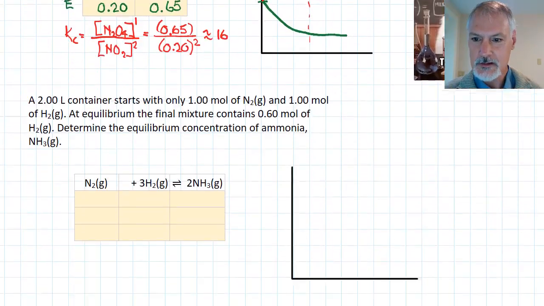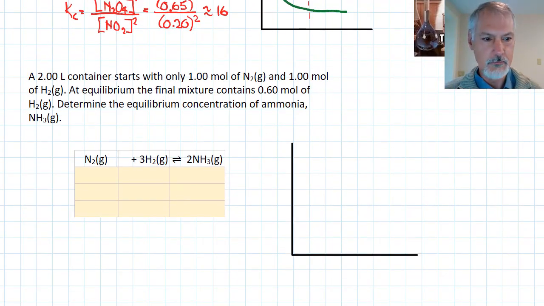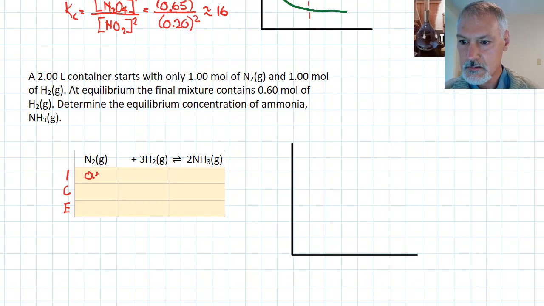Okay, in the last problem, I'm going to look at a little bit messier one where the ratios aren't quite as nice. Again, I have a 2-liter container, so I'm going to have to make sure that I convert everything into moles per liter. So 1 divided by 2 makes my starting amount 0.50. 1 mole of H2 in a 2-liter container.